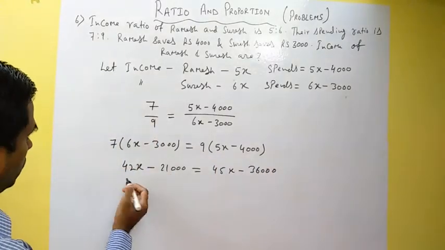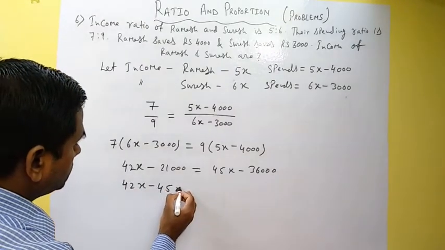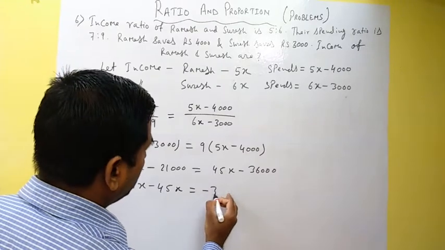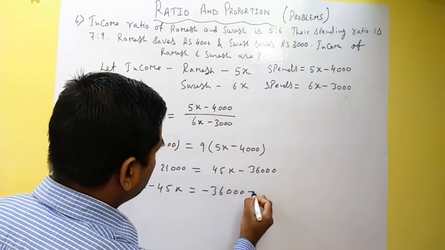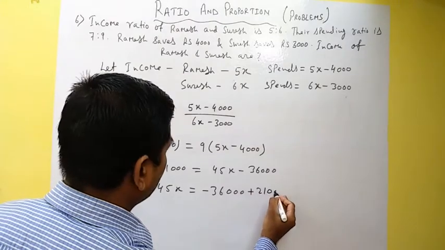Let's transpose: 42x minus 45x is equal to minus 36,000 plus 21,000.